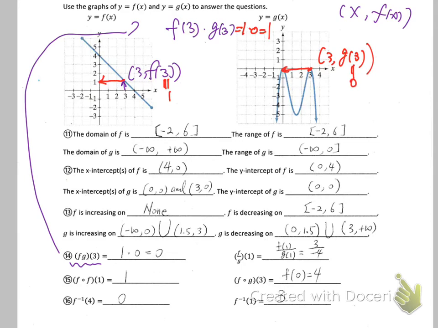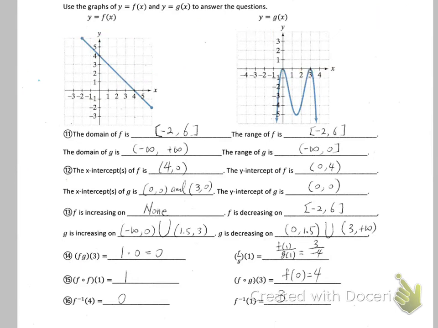Now let's look at the other one. Let's look at the second question: f of 1 divided by g of 1. So what is f of 1? This point is 1, f of 1. The height is 3. f of 1 is always the output.